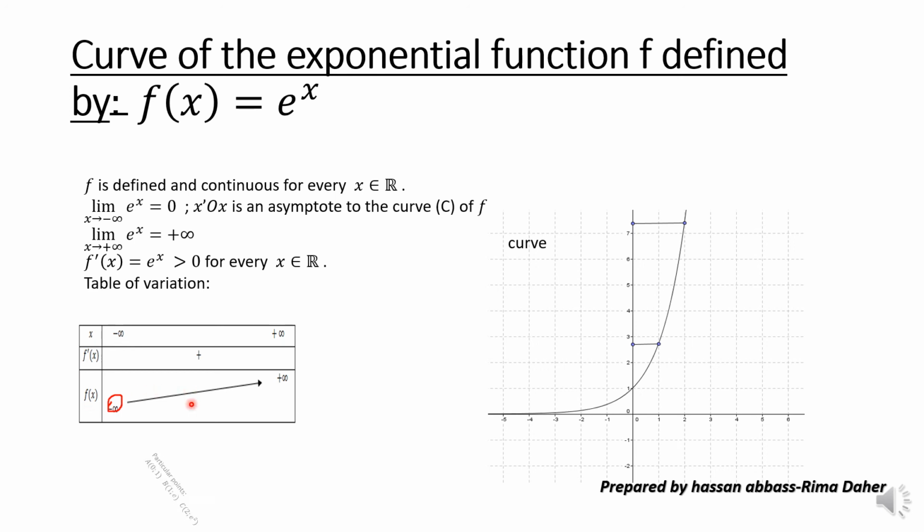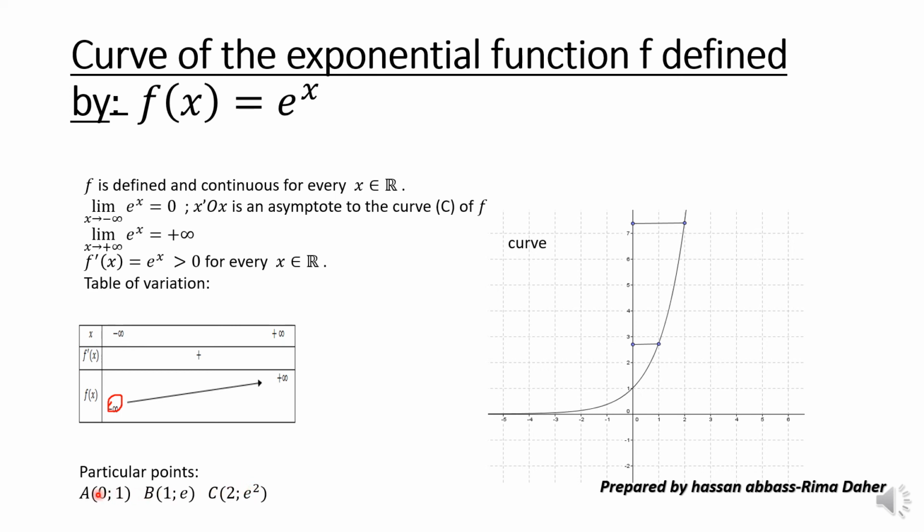Of course, to draw the graph we take 2 or 3 particular points. Where x equals 0, exponential 0 equals 1; where x equals 1, exponential 1 equals e, and e equals 2.7; where x equals 2, exponential 2 equals 7 point something.